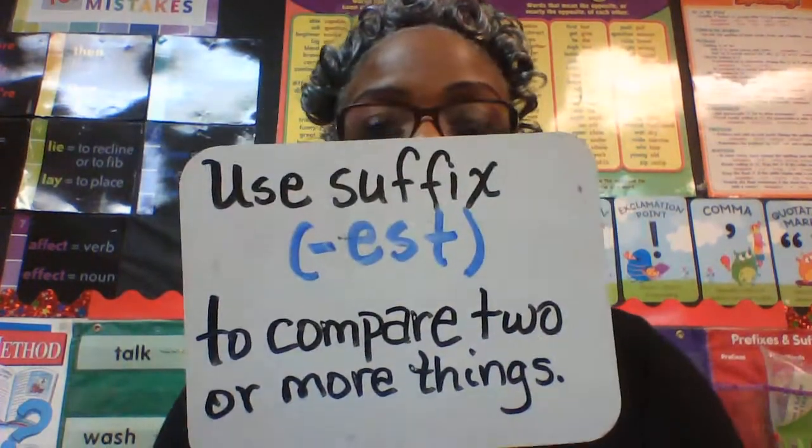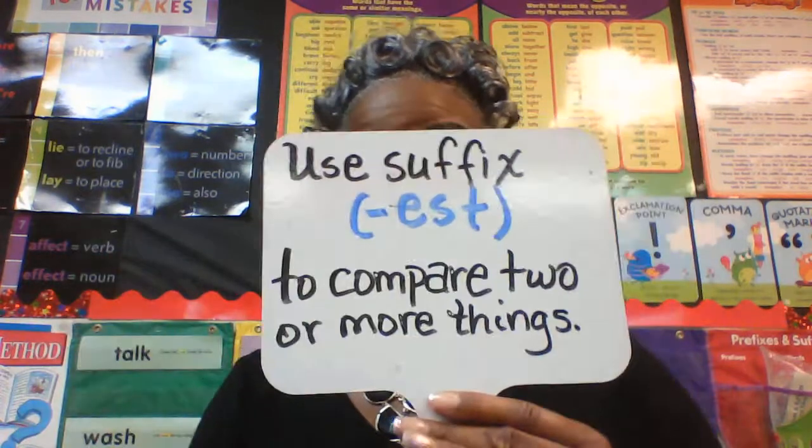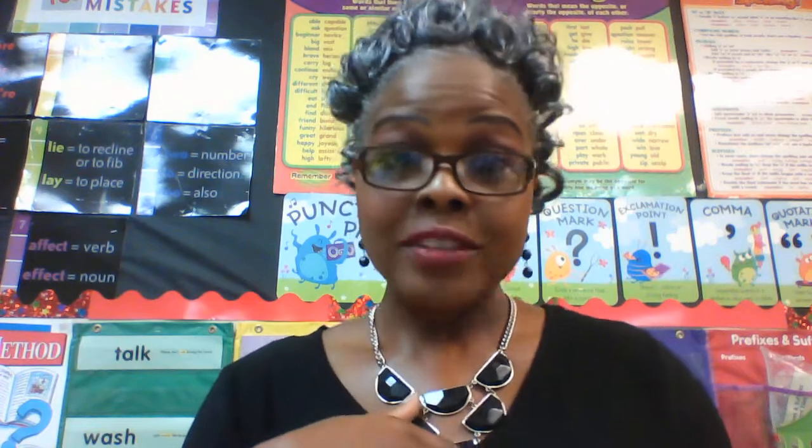Remember the rule. When adding suffix EST, you're comparing one thing to another. I'll say that again for the people in the back. Teachers, you know how we always have those students that, and what was that? What did you say?